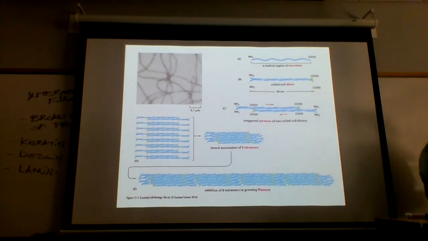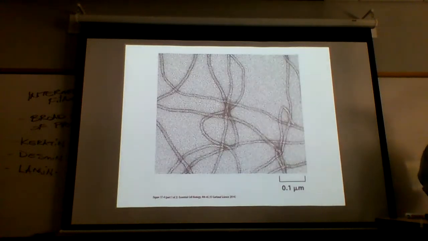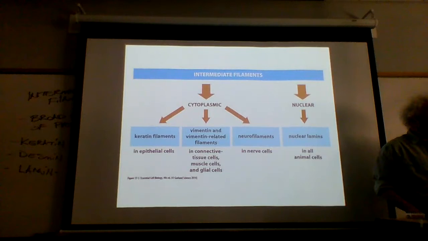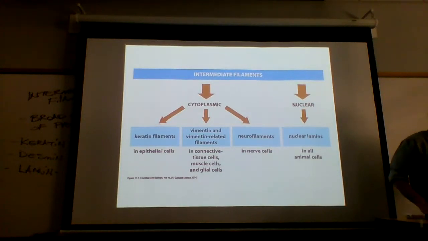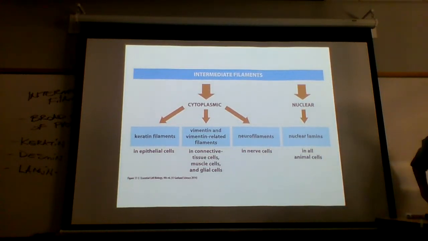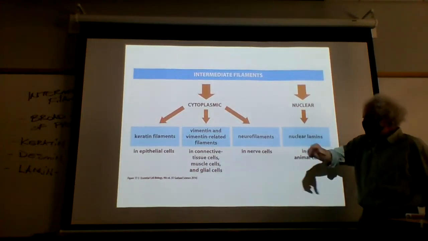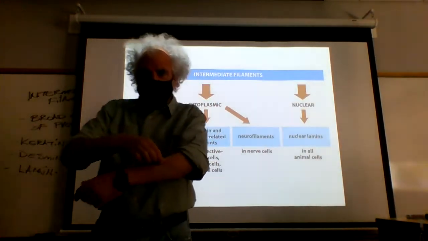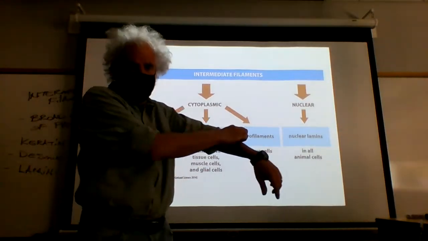So, some of the things these guys do. Just some different kinds of tissues and things. And these are primarily structural proteins. Keratin filaments are found in epithelial cells. So you can see here, I got some epithelial cells.